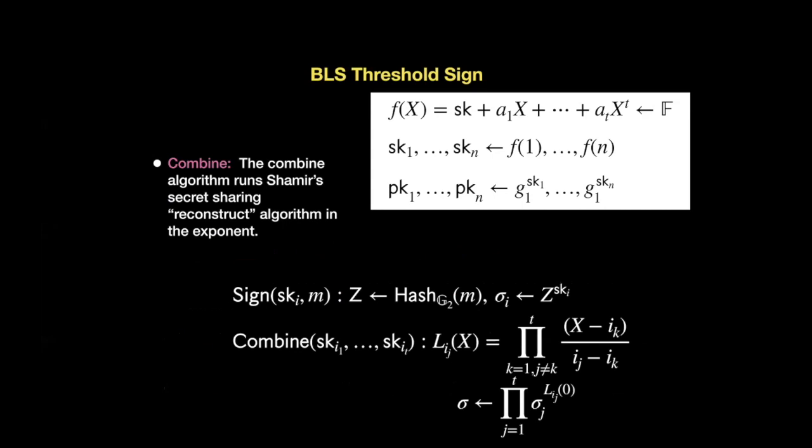So assuming we don't have all N people taking part, we just have some set of T people taking part. We compute those Lagrange polynomials, and then we have that our signature is going to be equal to the combination of those signatures taken to the power of the Lagrange polynomials computed at 0.